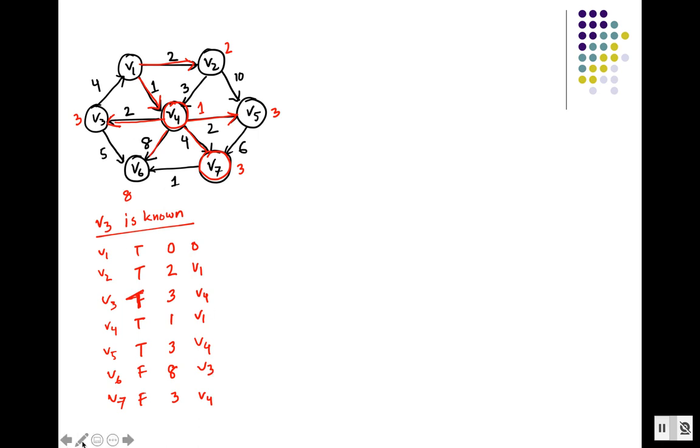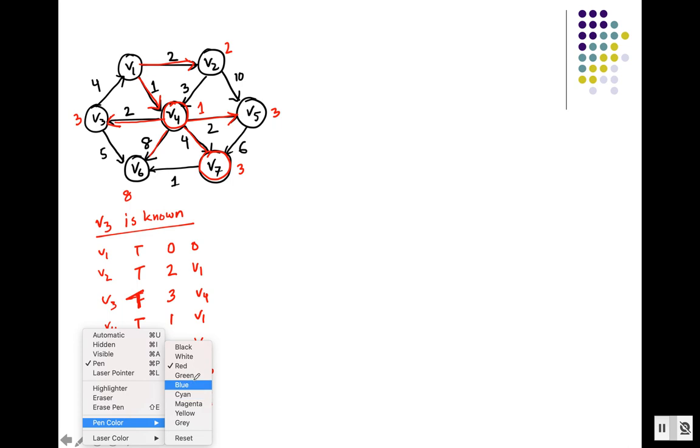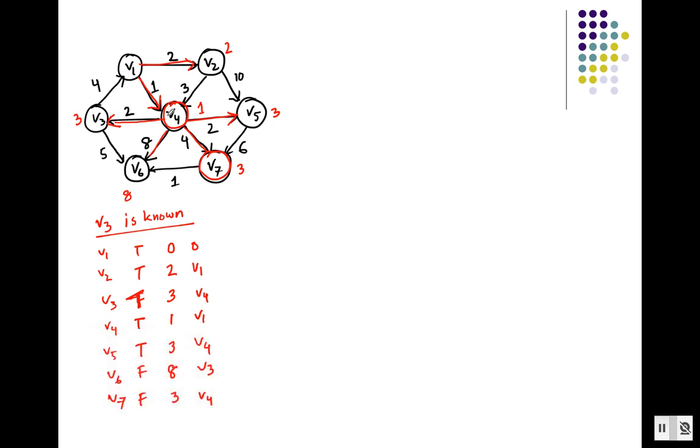If I change the color of the pen, that means now for v6 we are taking the path v1 to v4, v4 to v3, and v3 to v6. So this is the path we are now taking.